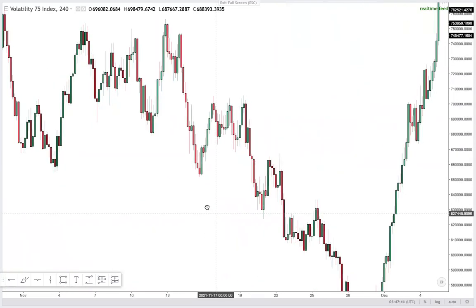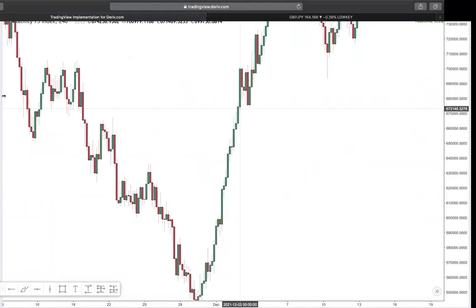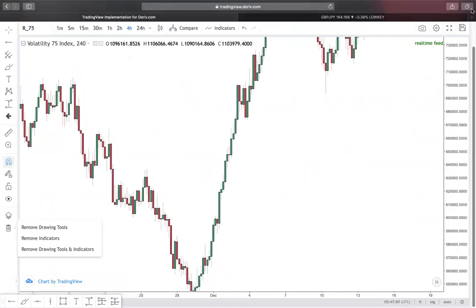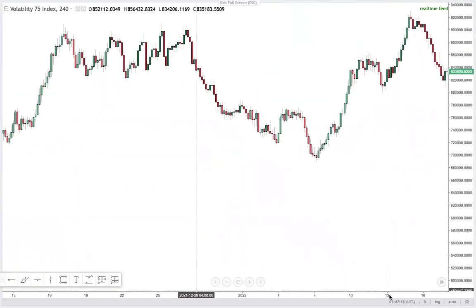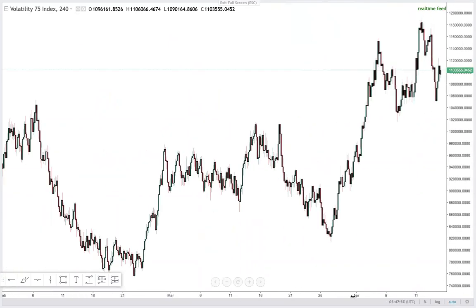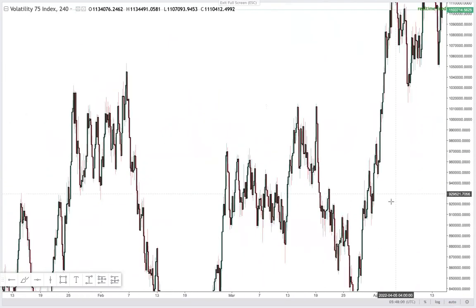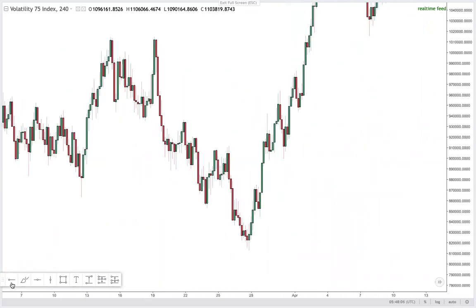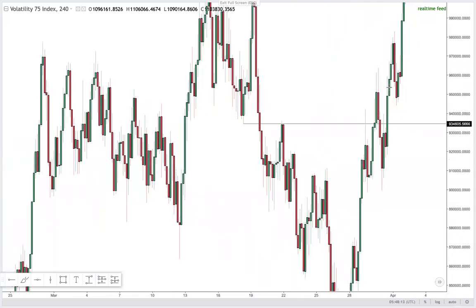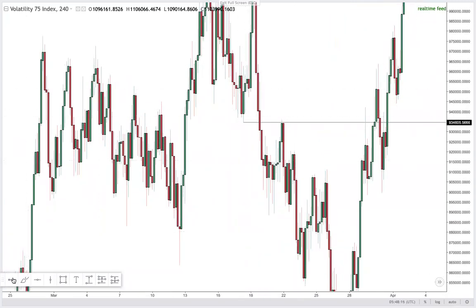On the other example, let's look at more examples. Let's try here, maybe we find something. Okay, this is our break and retest structure right there, and these are our two boundaries.